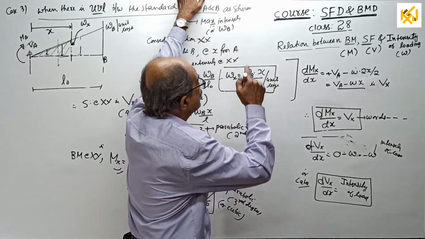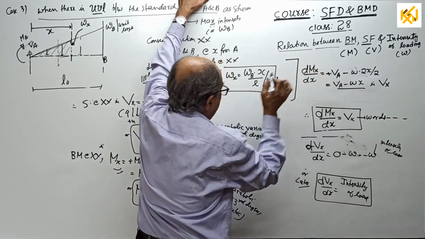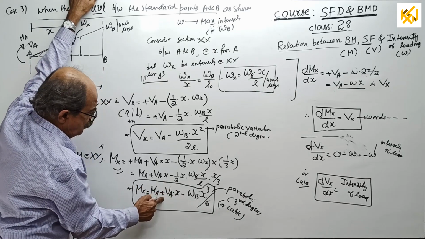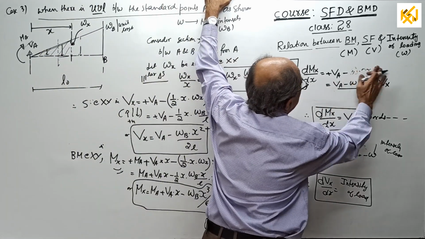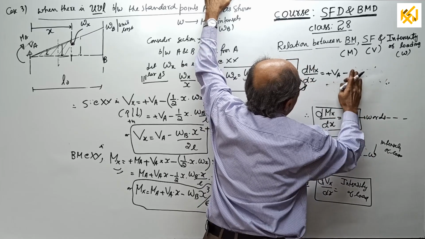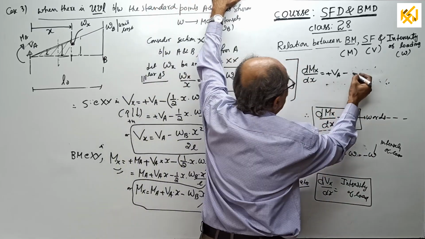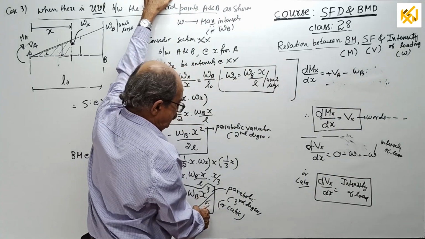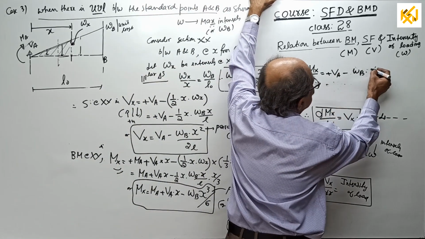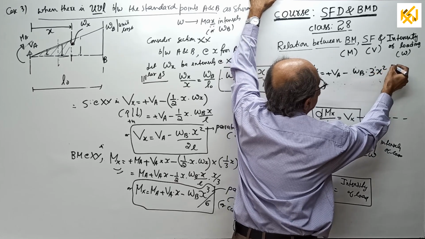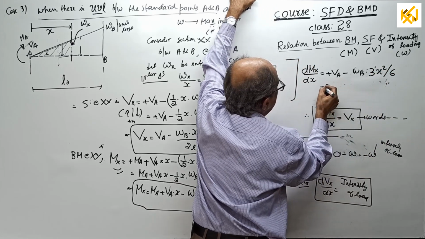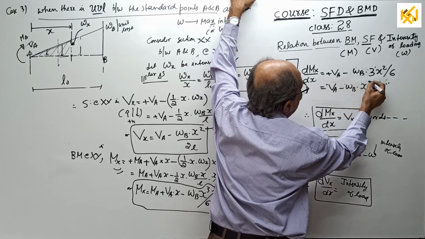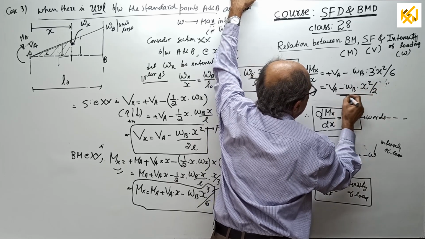Now, lastly, find dMx by dx. Differentiate Mx with respect to x. You get once again VA minus, I'll change here only to save time, WB into x cube by 6, where x cube becomes 3x square, so 3x square by 6 becomes x square by 2. It becomes VA minus WB into x square by 2.